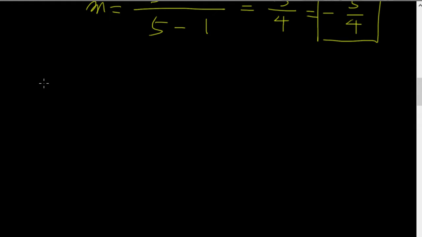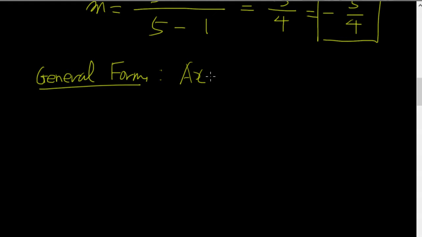First, general form. General form of line equation looks like this. Ax plus By equals C. A, B, C is just a number, right? A, B, C is just a number.